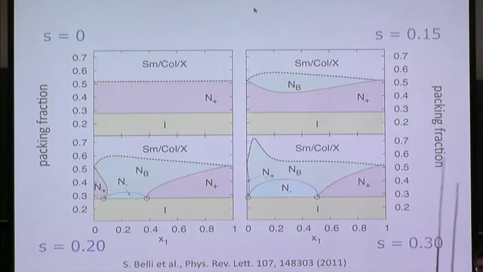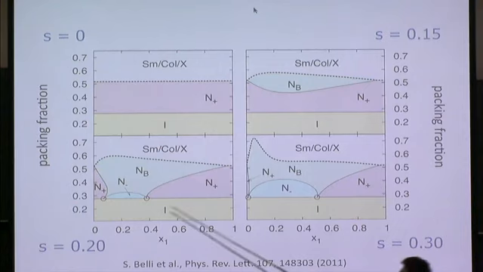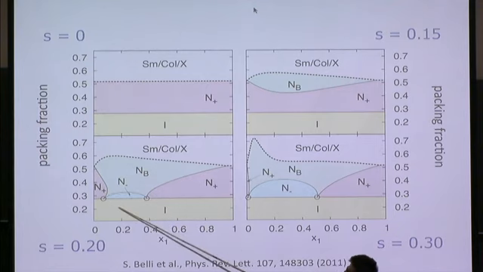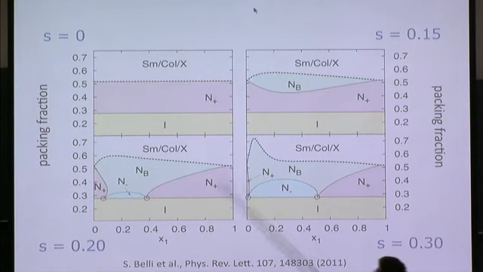Sorry, maybe I missed it. The x1 here is the mole fraction? Of the big particles. Okay, thanks. Yeah, precisely. So you have this kind of competition between N plus and minus. You have the appearance of these Landau critical points, and as a consequence, you have this opening of pretty wide biaxial nematic stability. So this is very interesting.